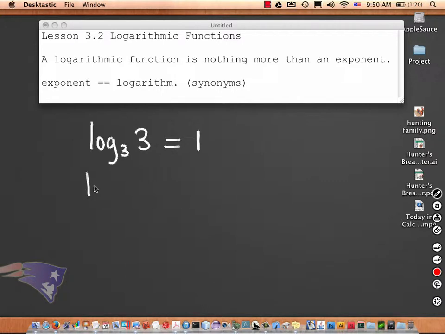And so what that means is that if you have any base, it doesn't have to be 3. It could be 2 or 10 or 5 million. If the base is the same as the argument, then you'll always get a 1. Does that make sense?